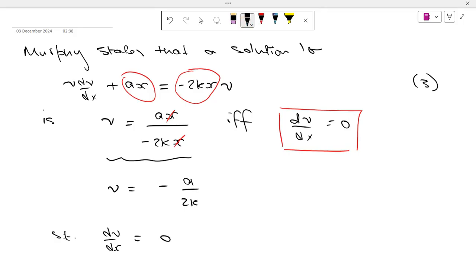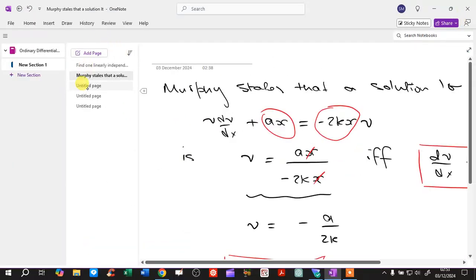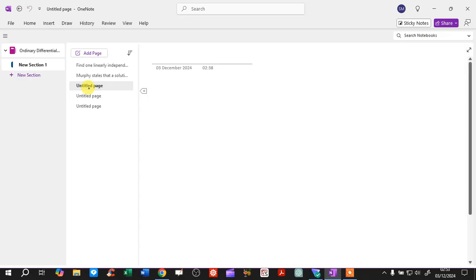So why does this help us? Why do we know that knowing that dv by dx equal to 0 helps? Well, we've got equation 3 here. So if we rewrite equation 3, just let me go on to another page.